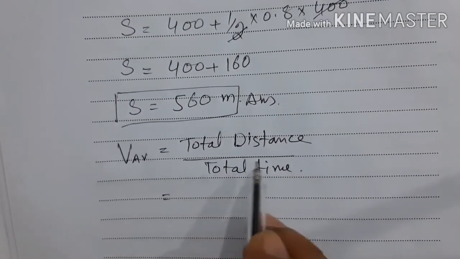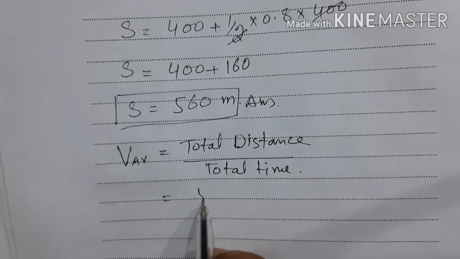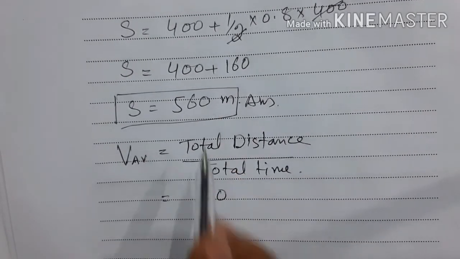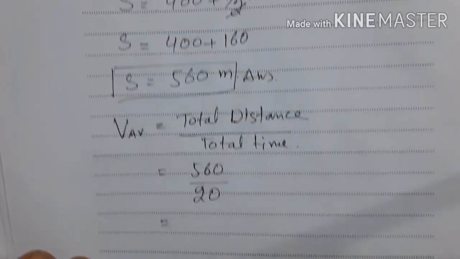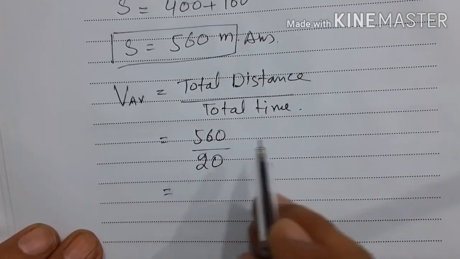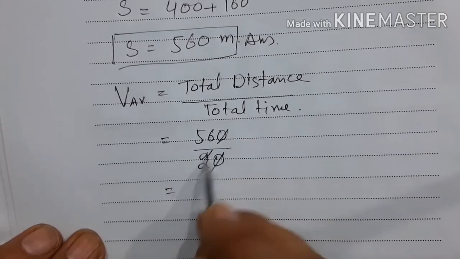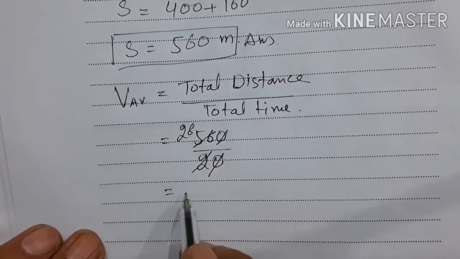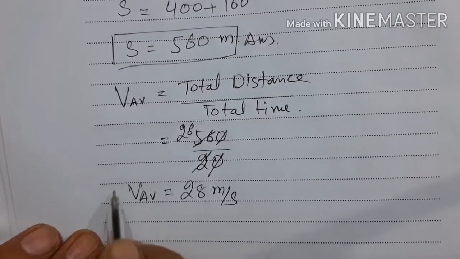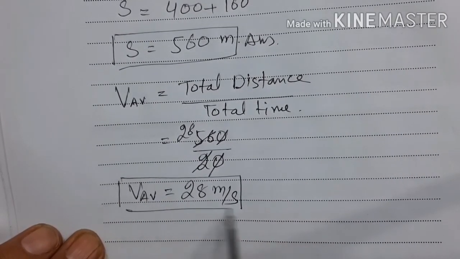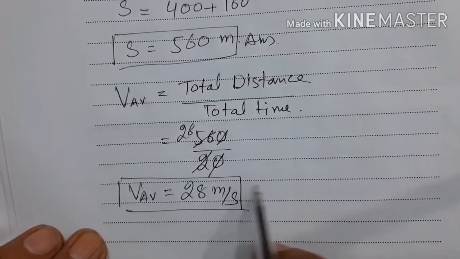The total distance from Q to S is 560 meters, and the total time is 20 seconds. So this will become 28 meters per second. This is the average speed of the car from Q to S.